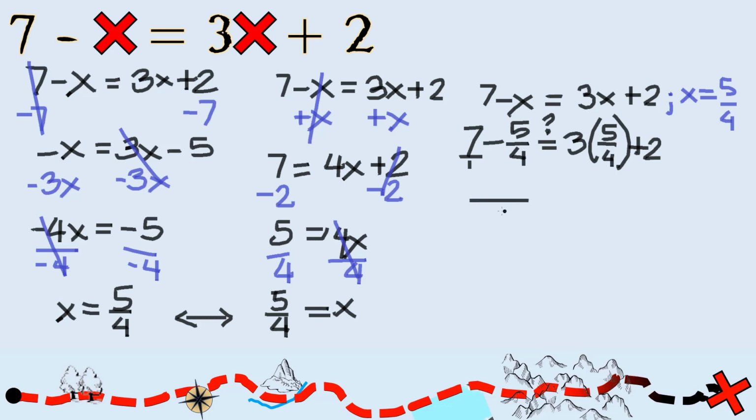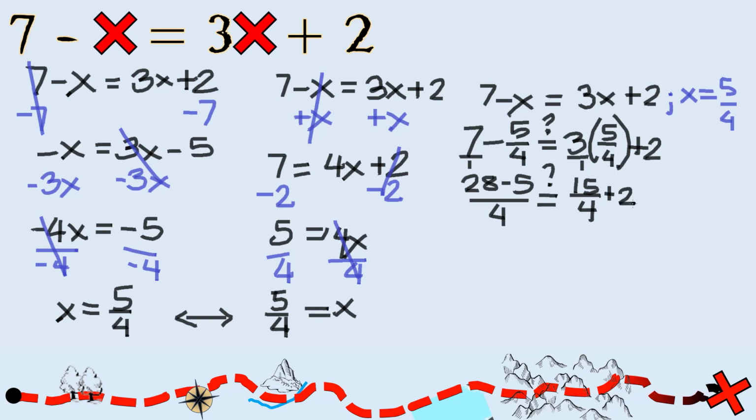And the LCD there is 4. 4 divided by 1 is 4, times 7, I have here 28. 4 divided by 4 is 1, times 5, I have here 5. Minus, that's the operation. On the other side, still question mark. This again over 1. So 3 times 5 is 15. Over 1 times 4, 4.